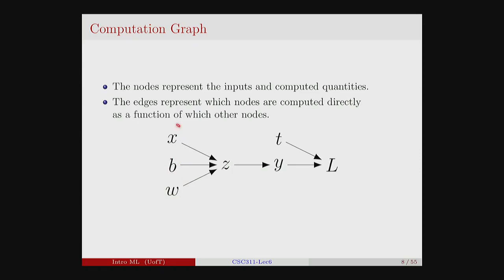So given the values of X, B, and W, you have all the information you need to compute Z. Given the value of Z, you have everything you need in order to compute Y. And so on until you get to the loss function.